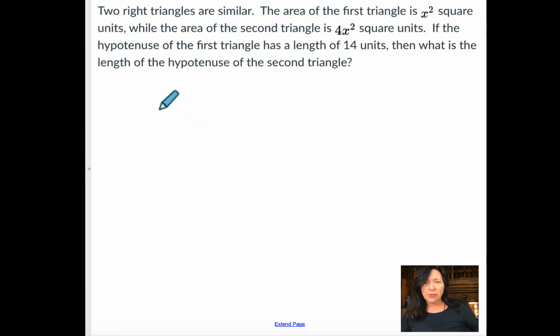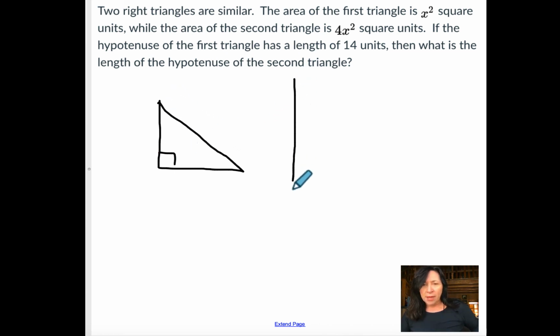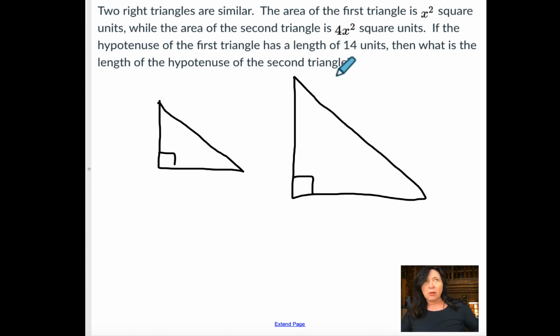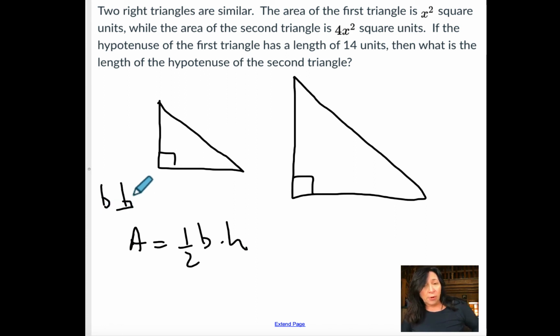Two right triangles are similar. So they're telling me that they're already similar. I'm going to make one smaller and one larger. It says that the area of the first triangle is x squared. Remember, area is equal to 1/2 the base times the height, where the base and the height are perpendicular.